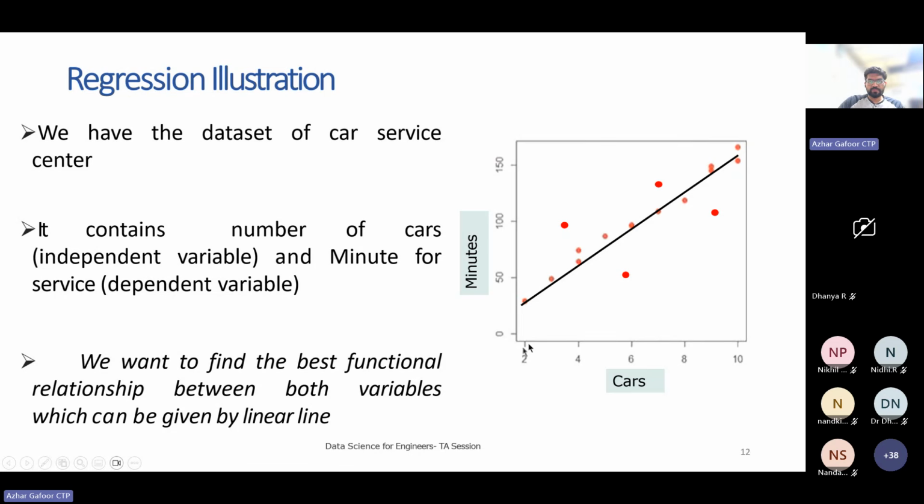If it is two cars, then the minutes to service is less than 50. Once the number of cars increases, the minutes also increase. Our goal is to find the best functional relationship between both variables, which can be given by a linear line. So our model is a linear regression in this case.